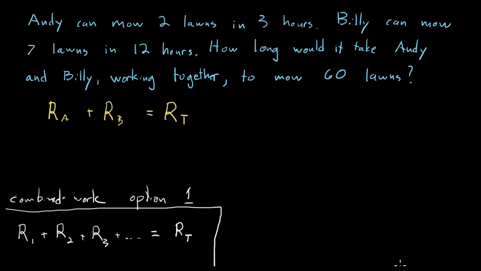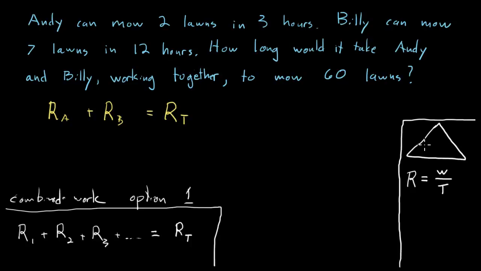Well, it's worth doing just a little bit of conversion review. What is a rate? A rate, if we're talking about work, is how many lawns I do per hour, or how many gallons I pump per minute, say. Or in formula form, a rate is just how much work we do per some amount of time. Some people like to keep this relationship memorized with a little visual mnemonic.